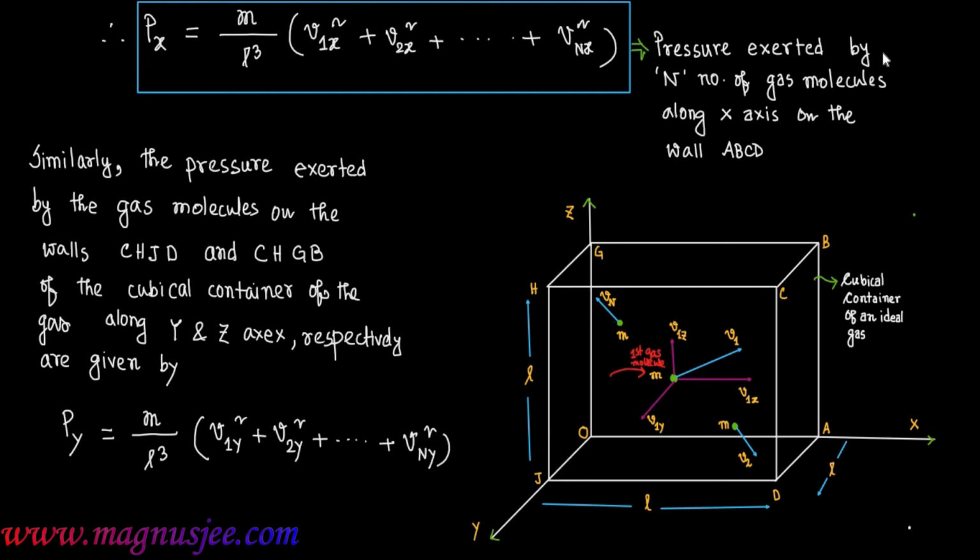equal to m by L cube bracket open v1y square plus v2y square plus dot dot dot plus vny square.